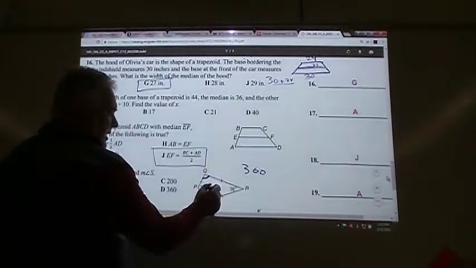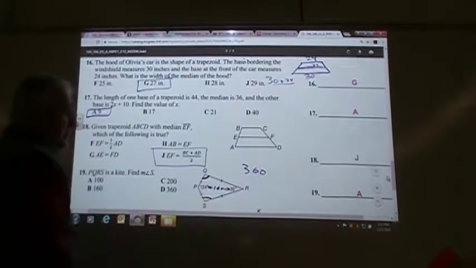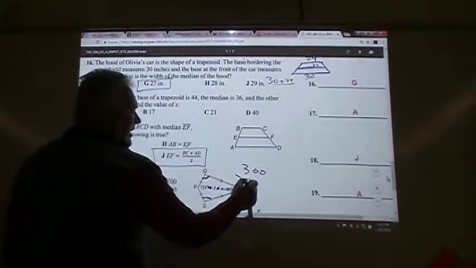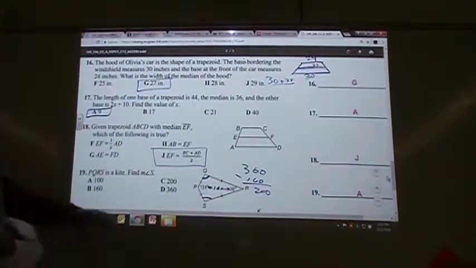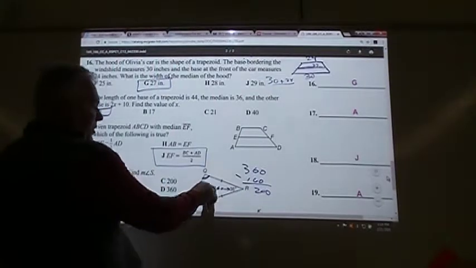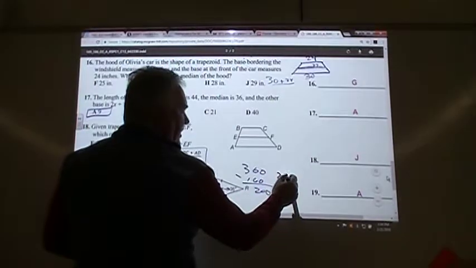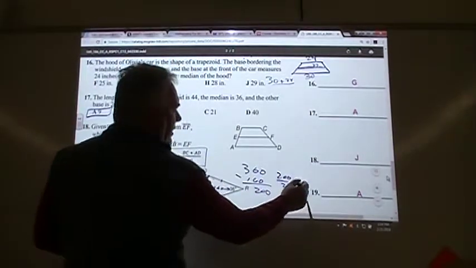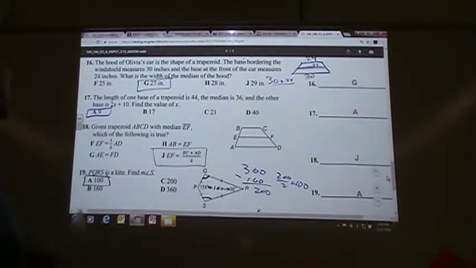These two add up to 160 right here. So 360 minus 160 is 200. But 200 is not your answer. 200 is the sum of both of these angles. So 200 divided by 2 is 100. And there's that answer.